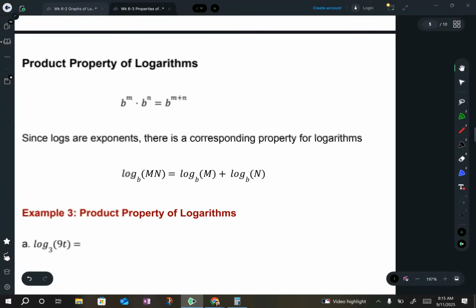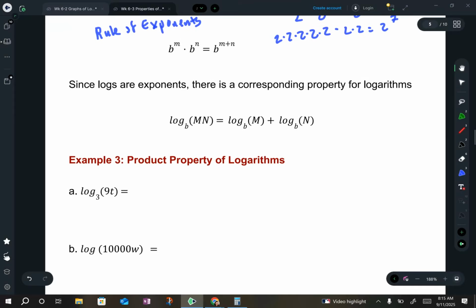So let's give it a try with example 3a here. We have log base 3 of 9 times t, so our product is 9 times t. So we're going to apply the product property and get log base 3 of 9 plus log base 3 of t.